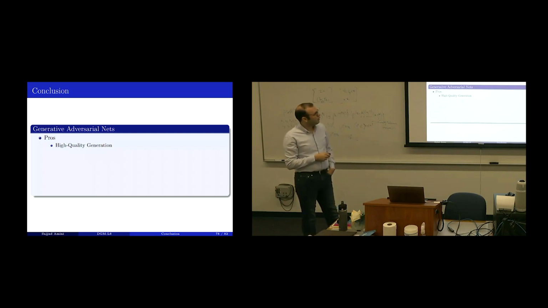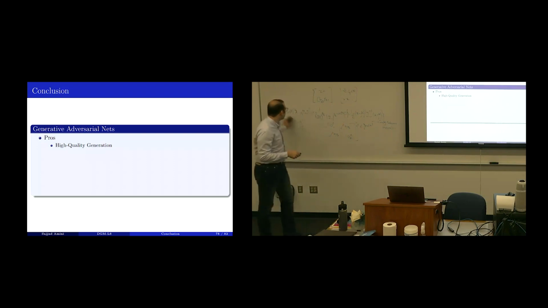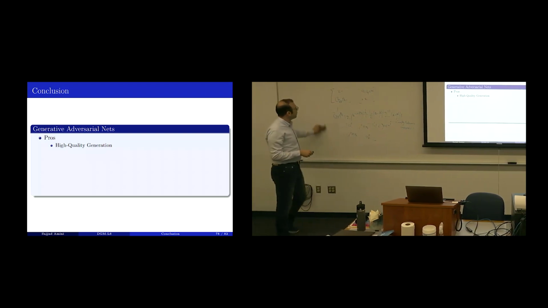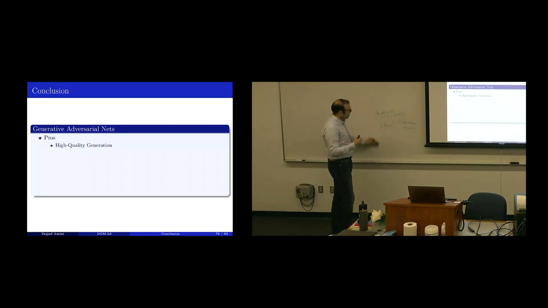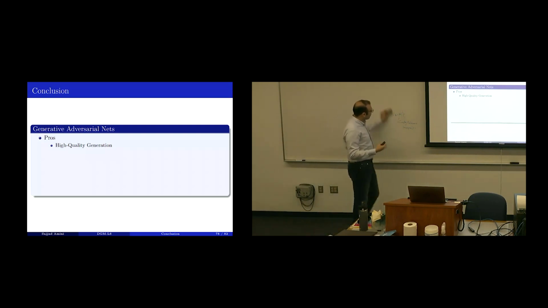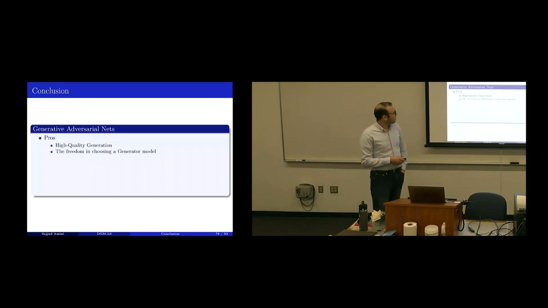The pros are you can generate high-quality samples using GAN. You see that in the previous methods we do not observe very interesting examples in terms of concept and perception. But using GAN, you will see really interesting images generated from random noise.